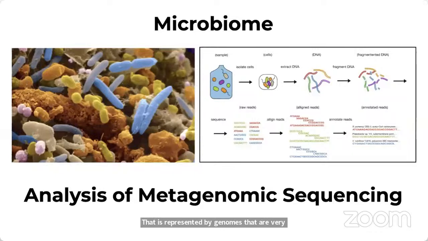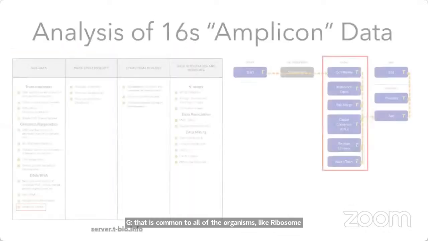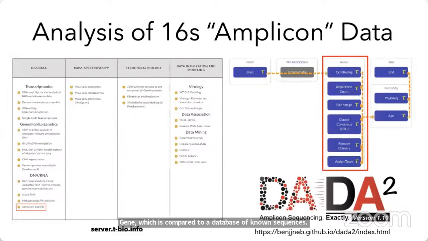In order to structure this data and organize this genomic information into categories, we can take a functionally related gene that is common to all of the organisms, like a ribosomal gene, and compare it to a database of known sequences to identify the microbes present in the sample we have collected.